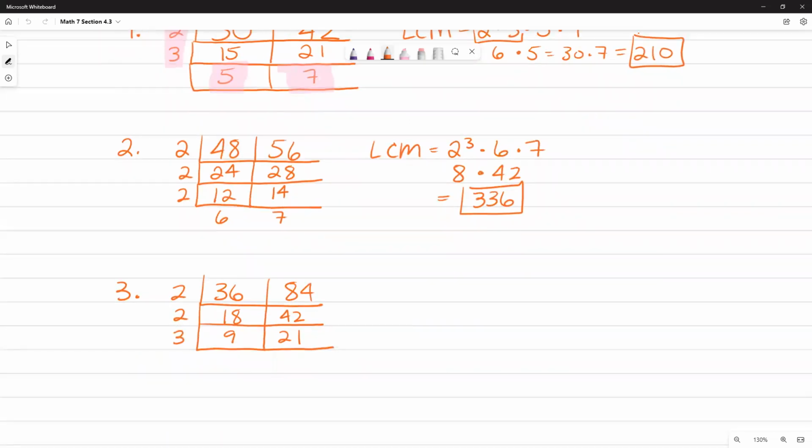Now we move on to 3 because these are both odd. That becomes a 3 and a 7, and we are done. So the LCM is 2 squared times 3 squared times 7. That becomes 4 times 9 times 7, which is 36 times 7.